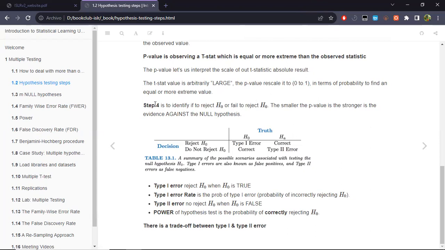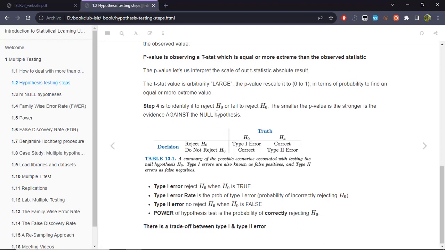Well, and this last step, that is, if we decide to reject the null hypothesis or not, that also depends on what type of threshold we are considering for the p-value. Sometimes it can be something like, if the p-value is smaller than 5%, then we do reject the null hypothesis.